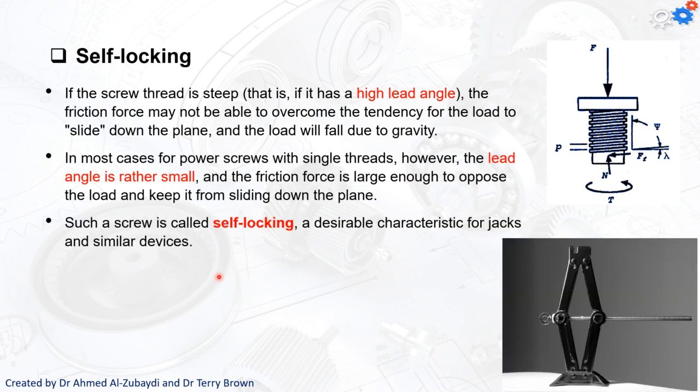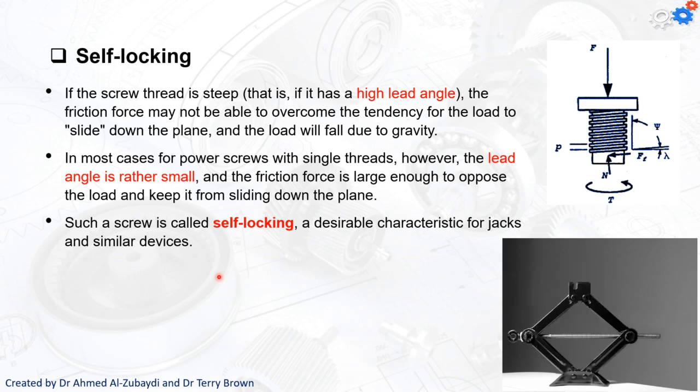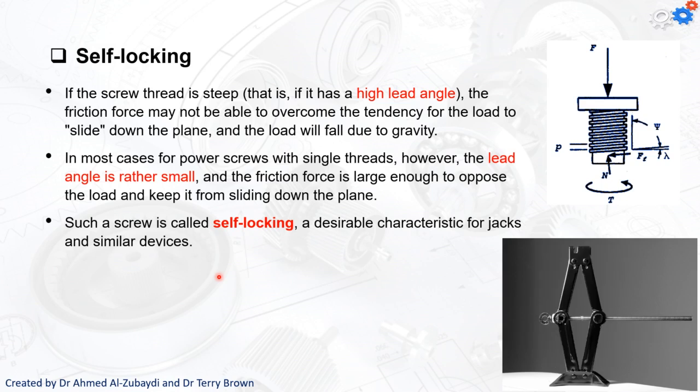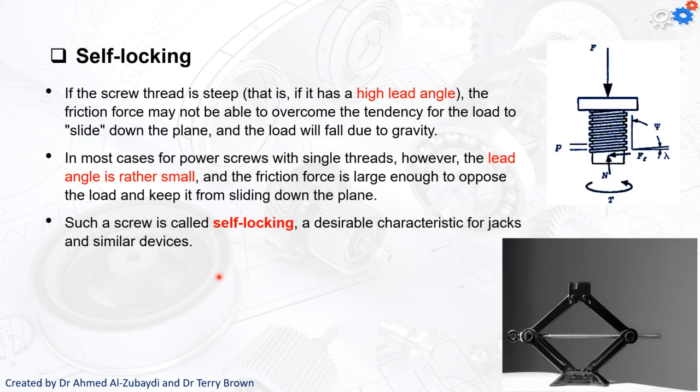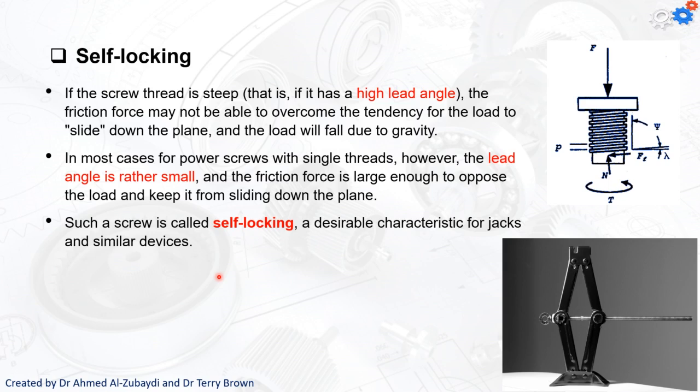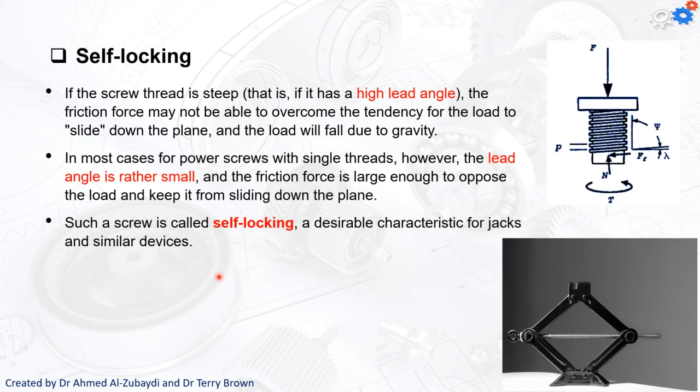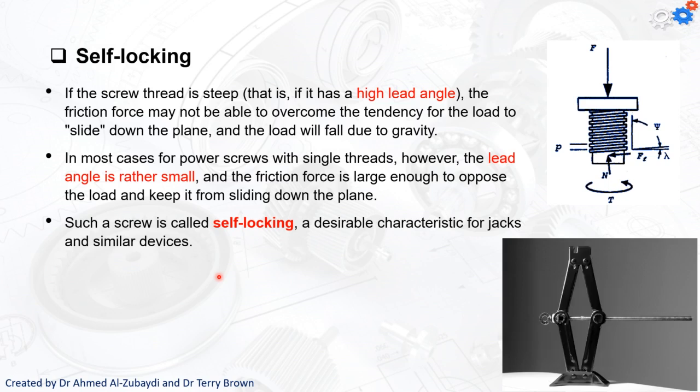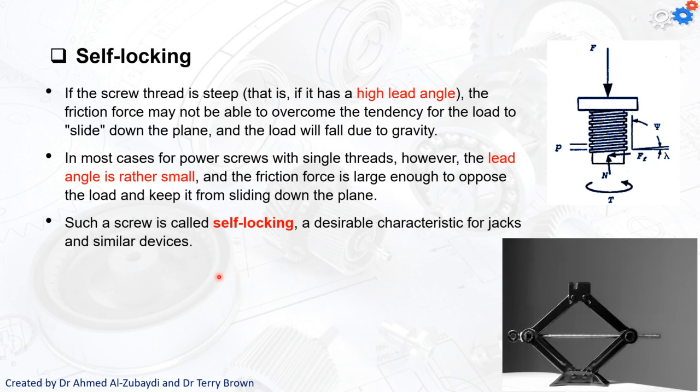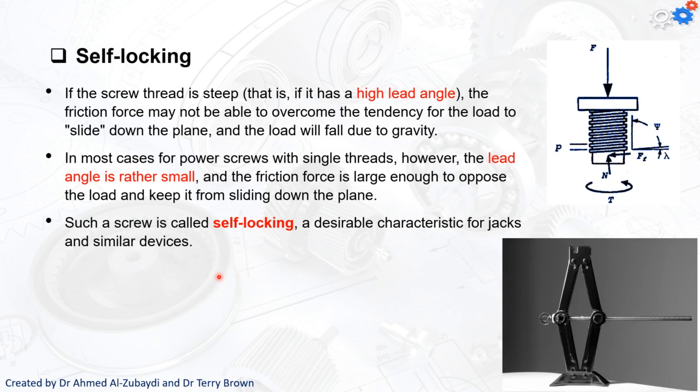So what to do? In most cases for the power screw with a single thread, however, the lead angle is rather small, and the friction force is going to be large enough to oppose the load and keep it from sliding down the plane. Such a screw is called self-locking. It is the desired characteristic for the jack and similar devices, and that's what you can see in the GIF photo that I just added here.